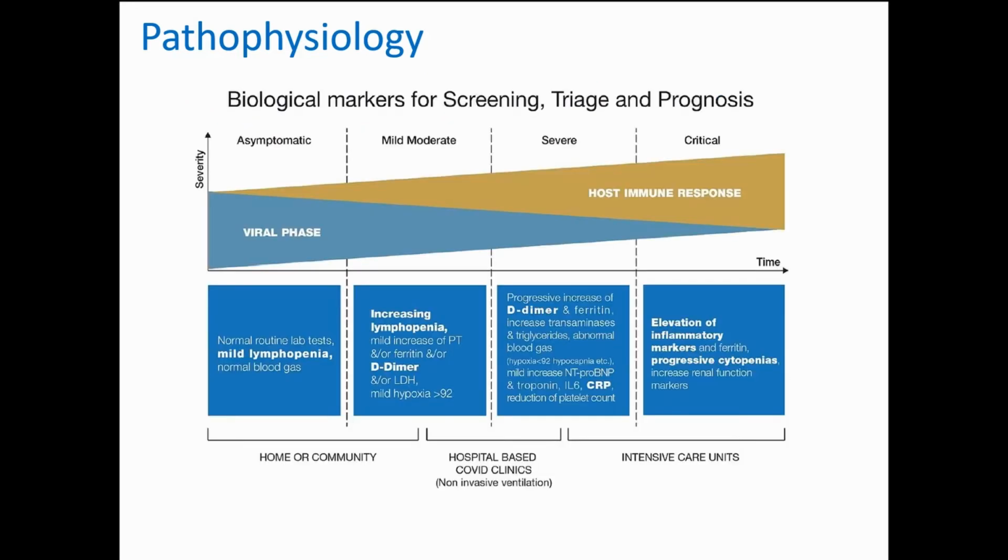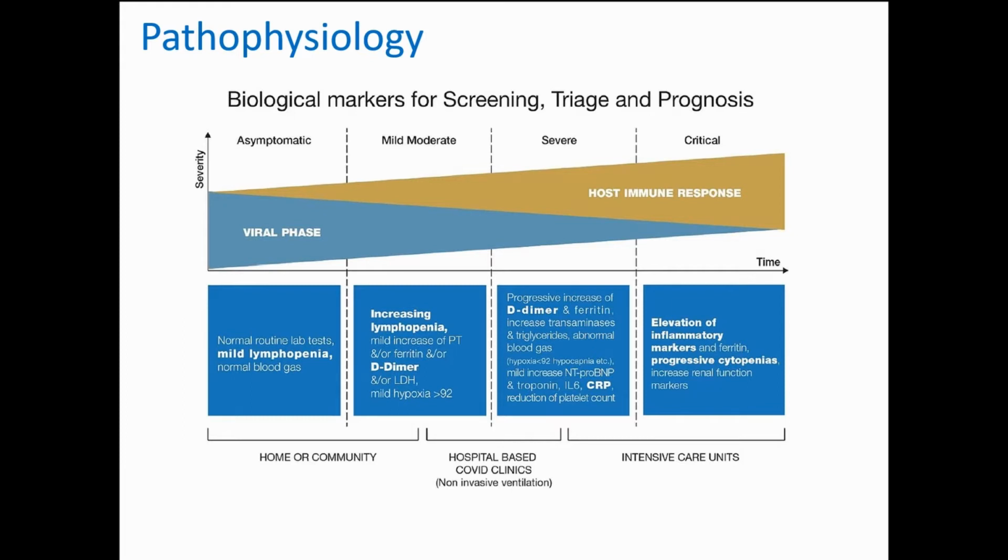So you have a situation that is categorized as asymptomatic, then mild to moderate, severe, and critical. And you have the viral phase as opposed to immune response. Okay, so in asymptomatic phase, yes, you do see a mild lymphopenia at the beginning.